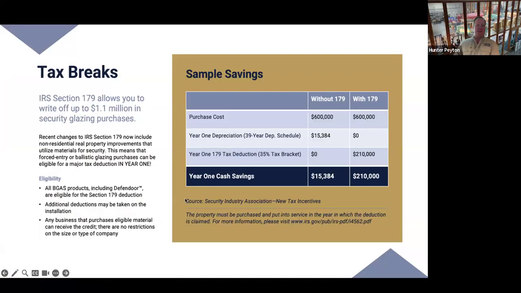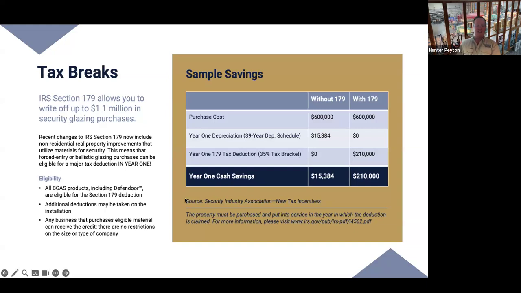Okay, tax breaks. This is something we offer to our clients across the board. This is the IRS 179. I'm going to keep this short because I am not an accountant, but basically what the IRS 179 is that it offers a first year write down on physical security applications for eligible companies.